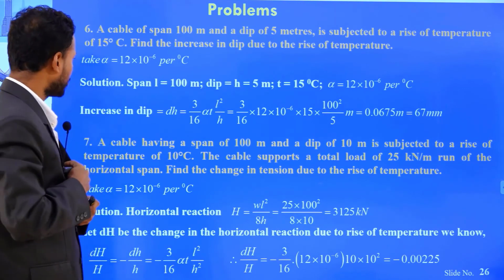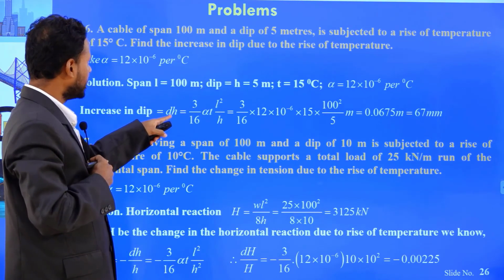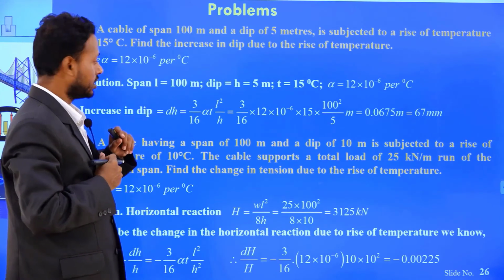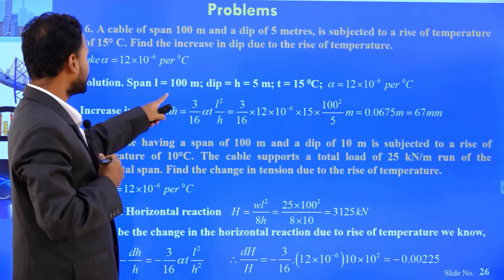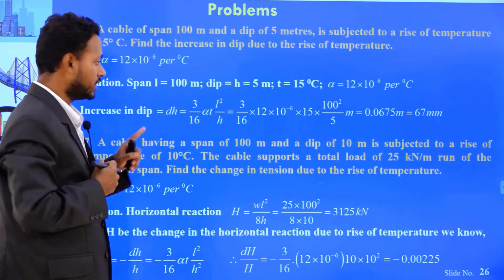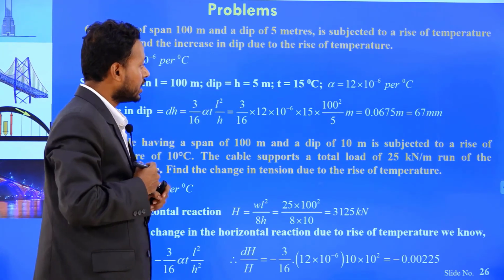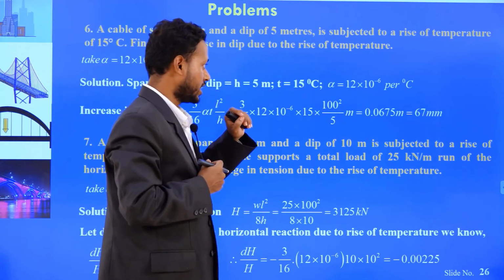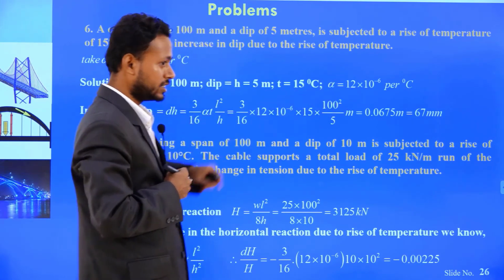That means I have to find out the DH value, increase in dip due to the rise of temperature. So first, the given data is span L equals 100 meter, dip of the cable is H equals 5 meter, temperature rise 15 degrees centigrade, coefficient of temperature alpha is 12 into 10 to the power minus 6 per degree centigrade.